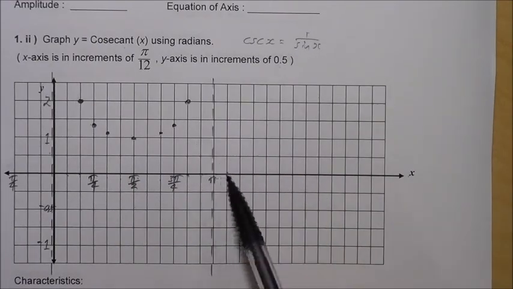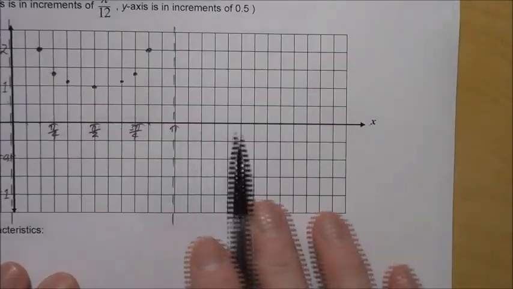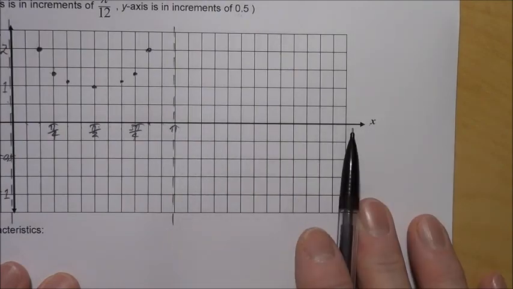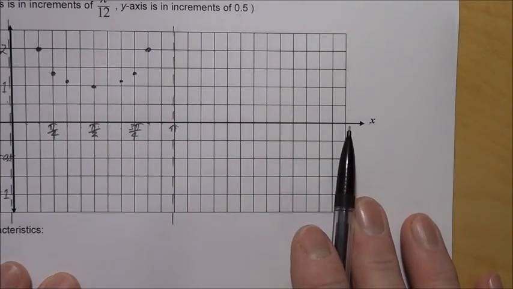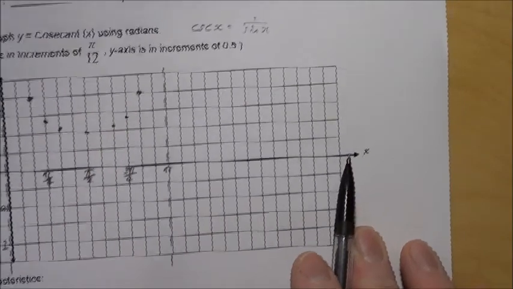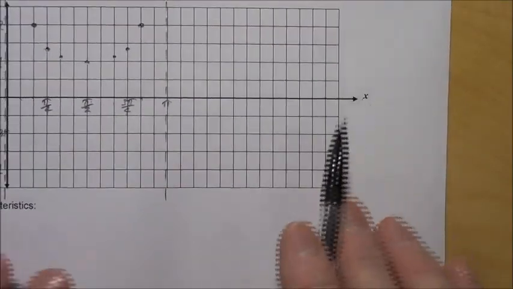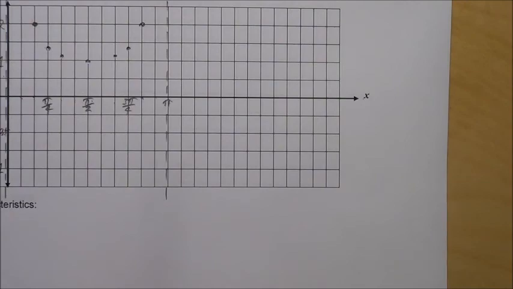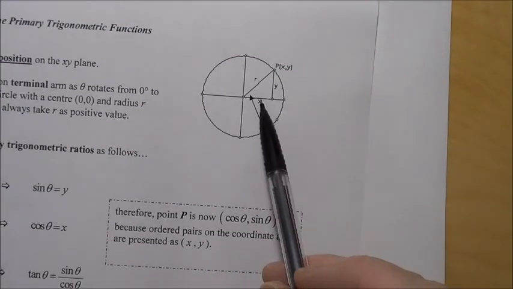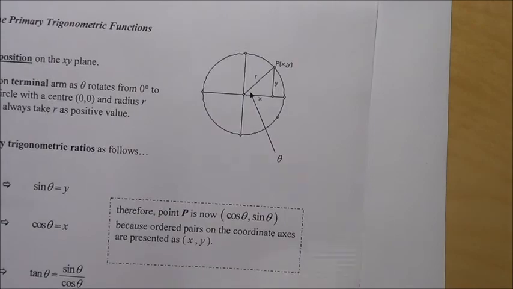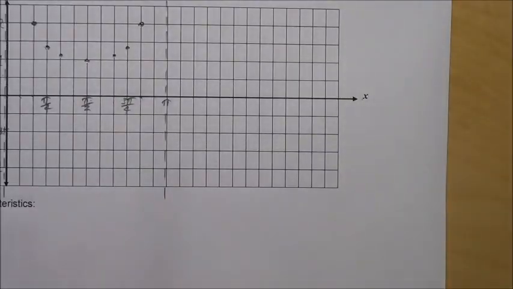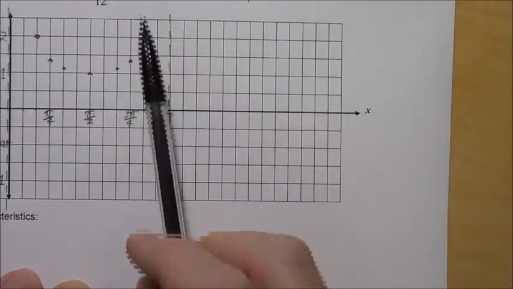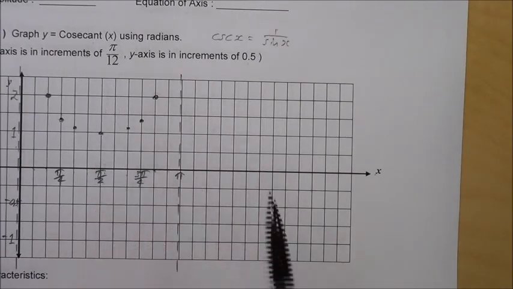So when we're over here below the x-axis, as we rotate the terminal arm around the Cartesian plane in standard position, when you come down into quadrants 3 and 4, then sine theta and consequently cosecant theta are going to be negative.